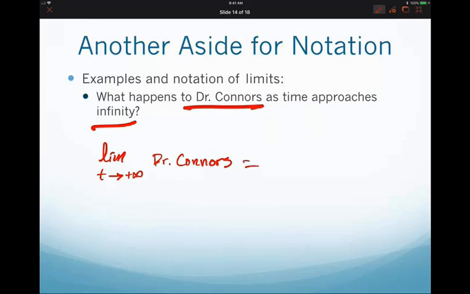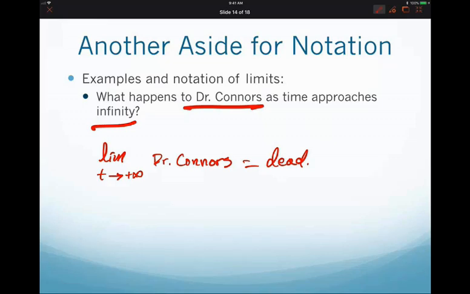At some point, I'm going to die. So we'd say equals dead. That's a goofy example, obviously. But that's essentially the idea of limits. We're just saying what happens if you do something and you approach it forever, or what does a function become if you slowly get closer to this value? What does it become?